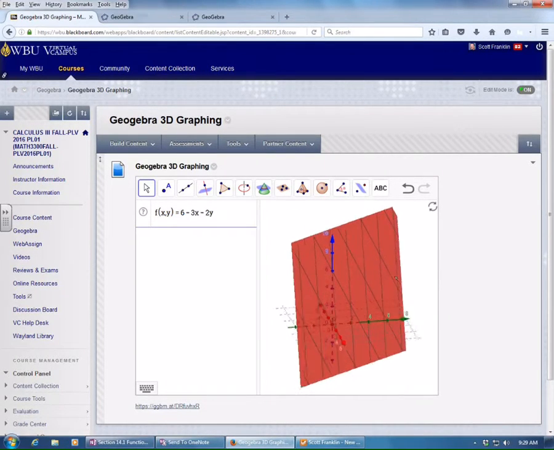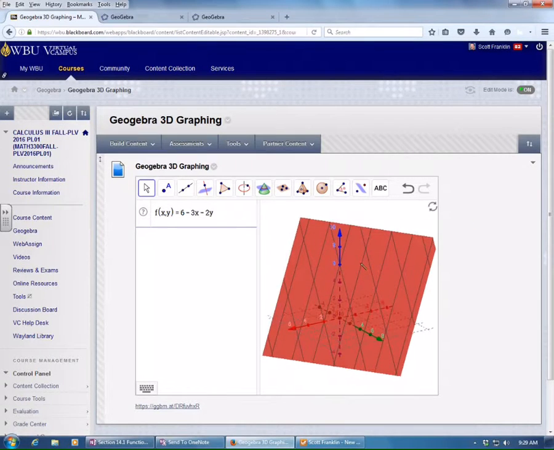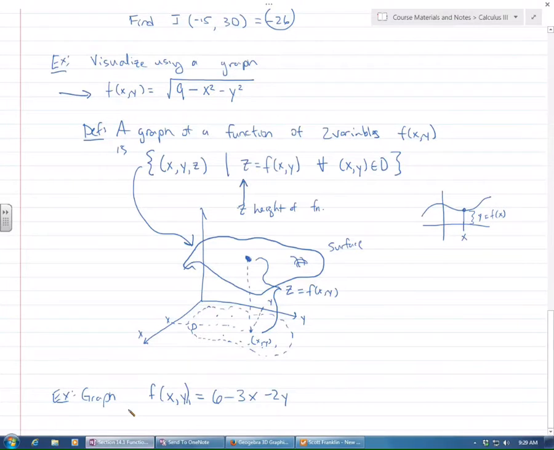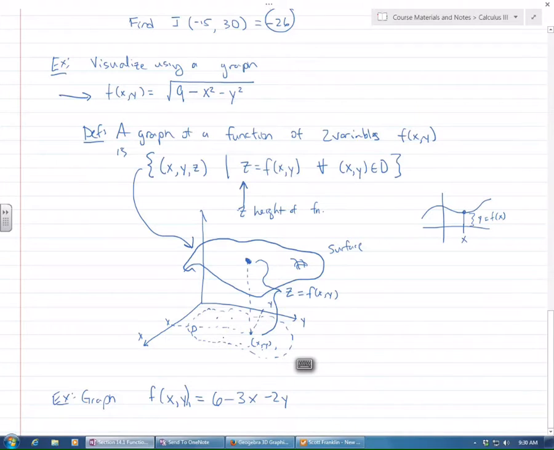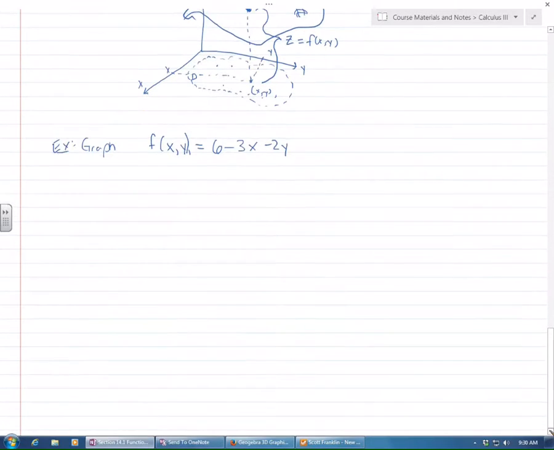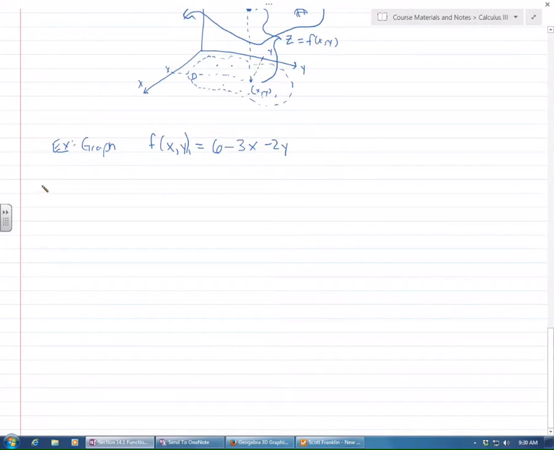Okay. I'm going to go back to the notes real quick. Another way that's often helpful to be able to visualize surfaces is something called level curves. Have you ever seen a topographical map?